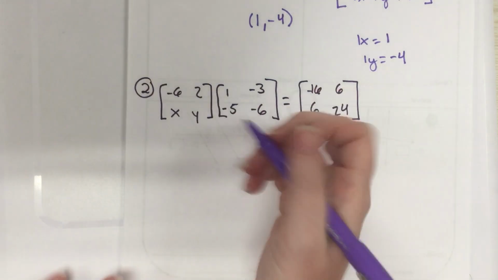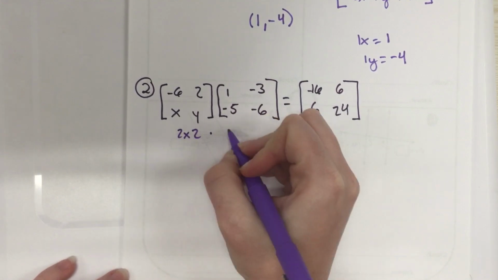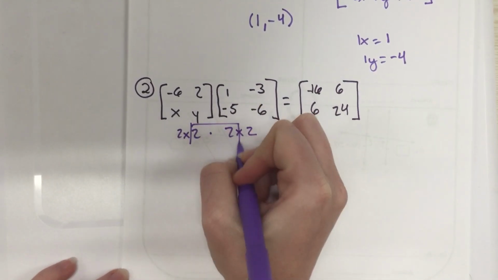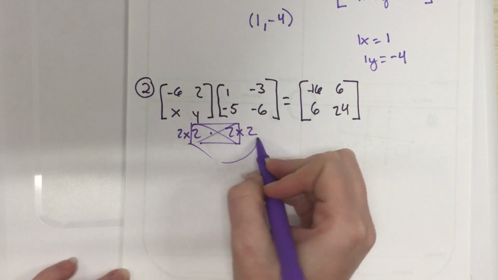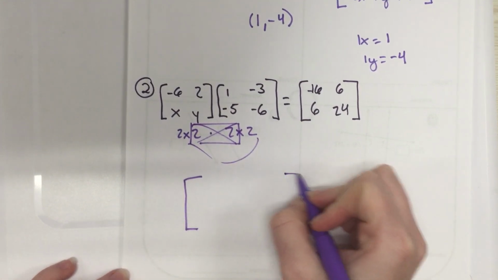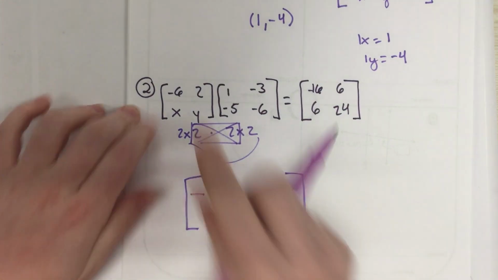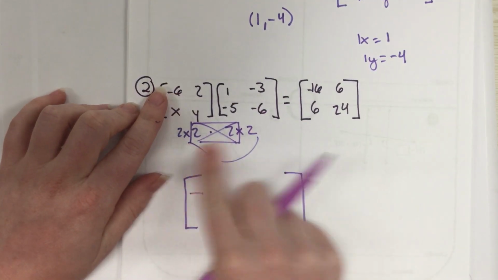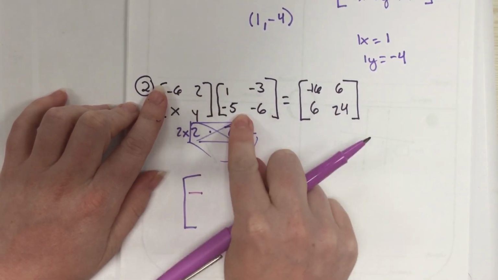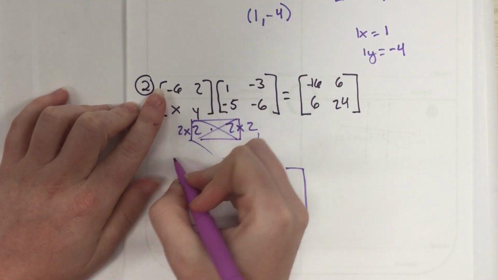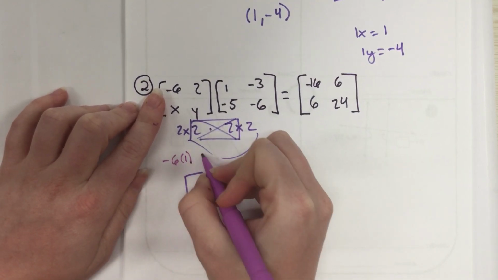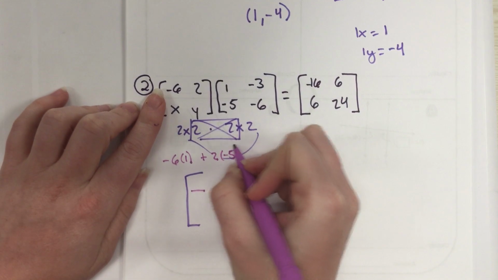And so what I have here is a 2 by 2 times a 2 by 2. So my middle terms match, so we're good. And so my answer is going to be a 2 by 2. Okay, so first spot is, remember, it's rows by columns. So it's the first row by the first column. So I get negative 6 times 1 plus 2 times negative 5.